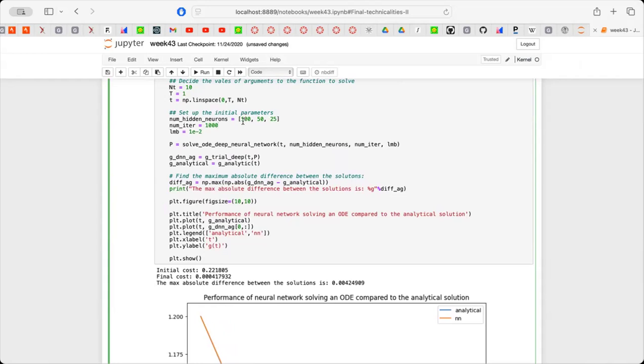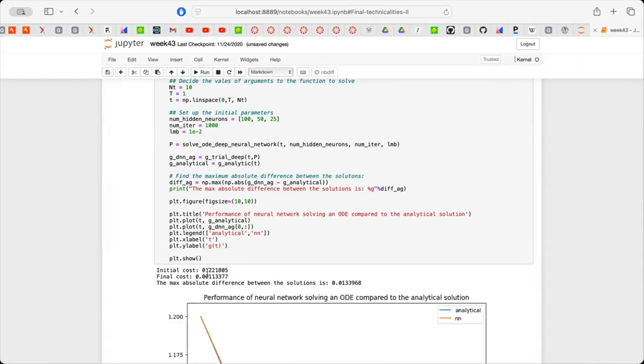In the previous case, I had only 10. Now, since my equation is a little bit more complicated, I'm putting in 100 neurons and 50, so it's still pretty fast. So now just keep in mind this number here, 4 times 10 to the minus 4. So let's see how this changes when we change the learning rate.